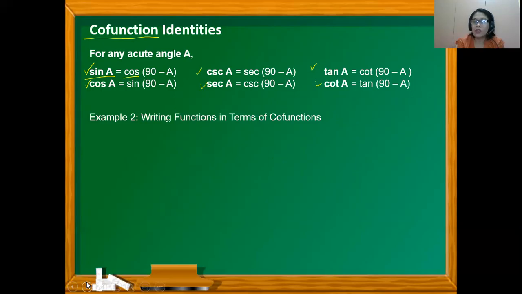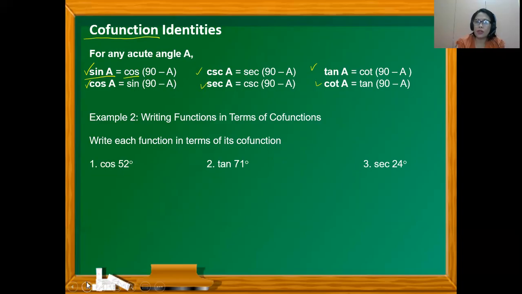So we're going to express a function in terms of its cofunction. Write each function in terms of its cofunction. So cosine 52. Cosine is cofunction with sine. So cosine 52 is equal to sine quantity 90 minus 52, so cosine 52 equals sine 38 degrees.